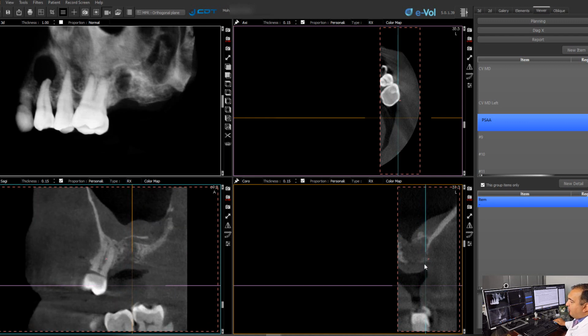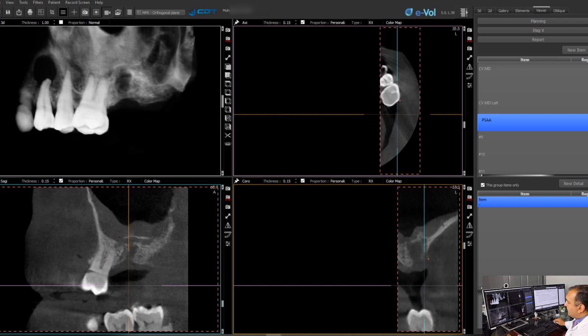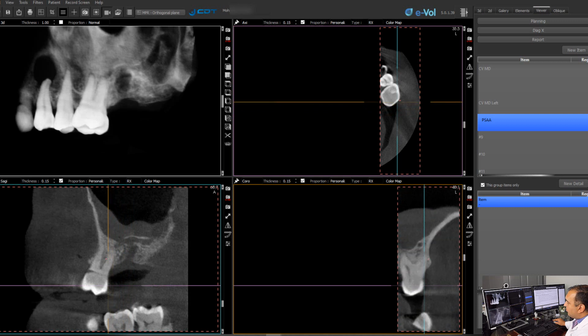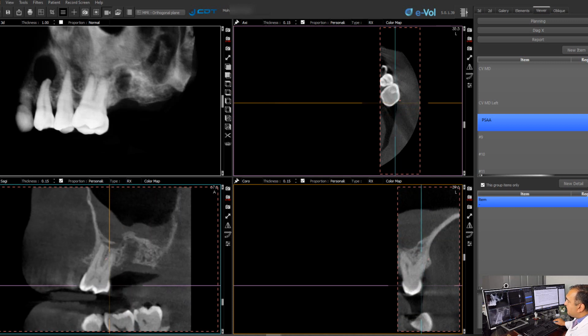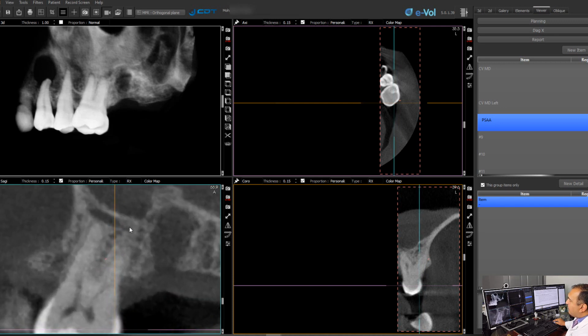Imagine that you're planning an implant for this area and you don't know that at the floor of the sinus there is a very large artery running through the area and actually through the apex of the first molar. Here on the 3D, we can evaluate the path of the posterior superior alveolar artery.